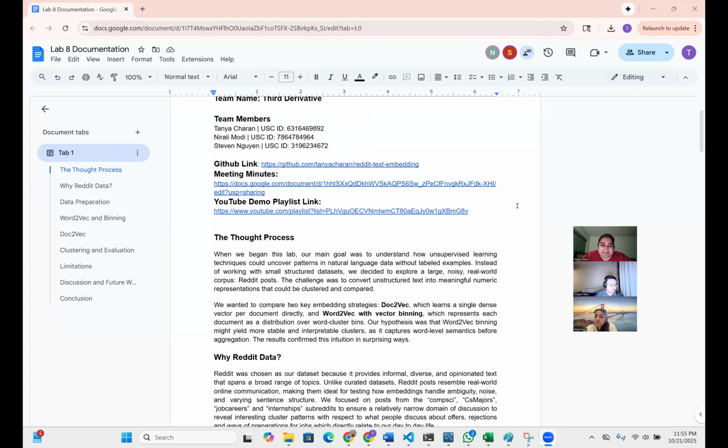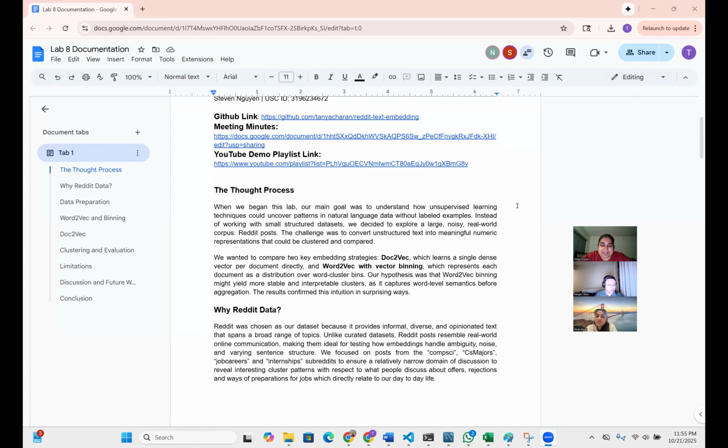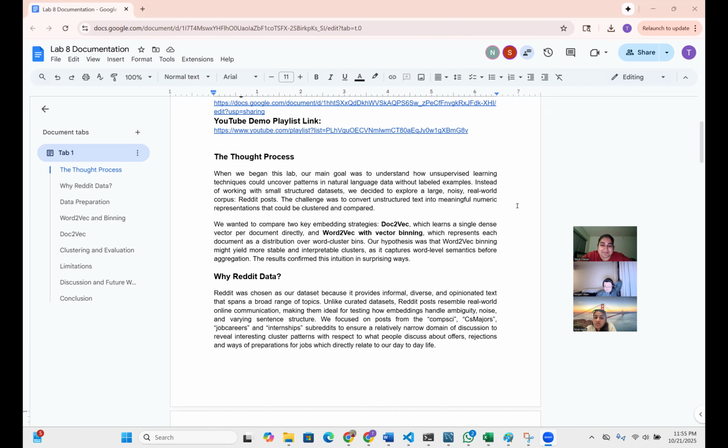But very briefly, we are looking at two key embedding stages in this lab. We are looking at Doc2Vec and Word2Vec. We basically took our lab data from Lab 5, which had the scraped Reddit posts from subreddits like the comp sci Reddit, the CS majors Reddit, jobs, careers, internships.